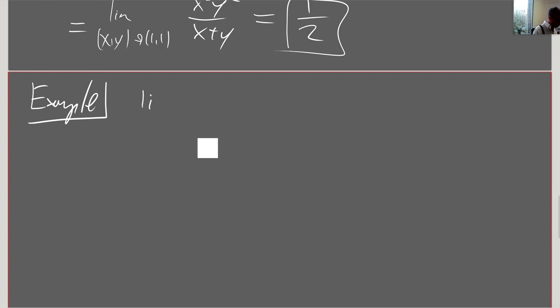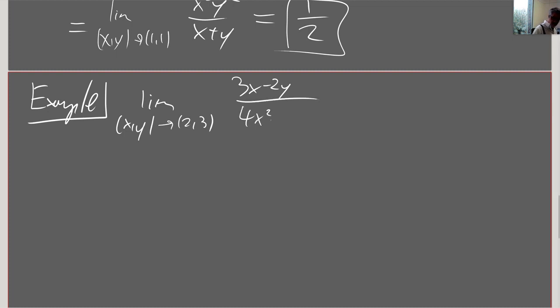Yeah, let's do this one. xy goes to 2, 3 of 3x minus 2y divided by 4x squared minus y squared.